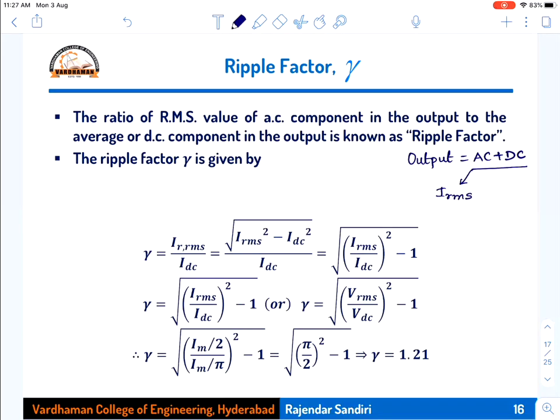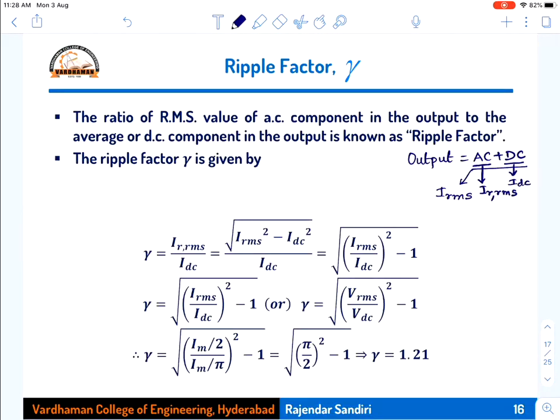The RMS value of the output is a combination of both AC plus DC. But if you take only the AC portion, its RMS value will be I dash RMS. And if you take only the DC part in the output, then we call that IDC.